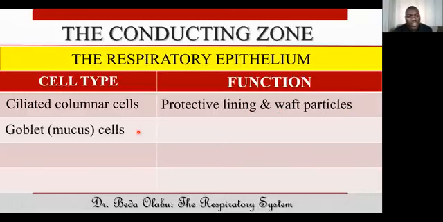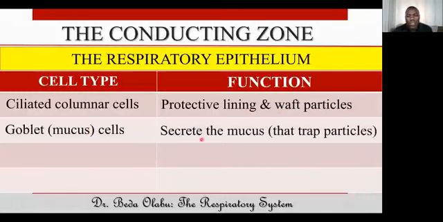There are goblet cells which produce mucus. The purpose of the mucus is to trap particles along the airway. So now, once the mucus has trapped particles, that mucus is then propelled by the cilia. And so the mucus and the cilia constitute what we call the mucociliary rejection current.